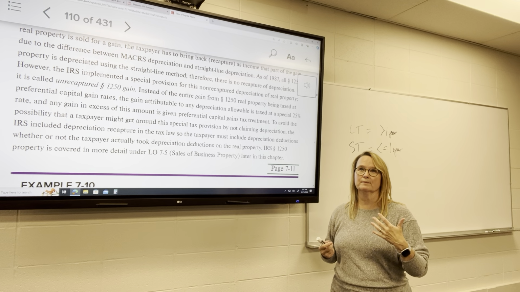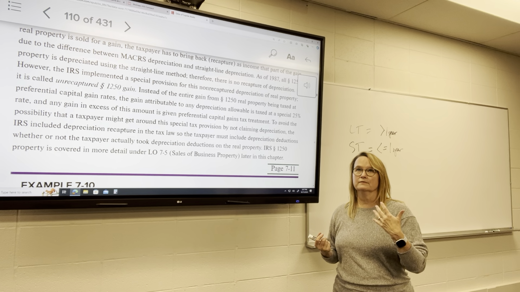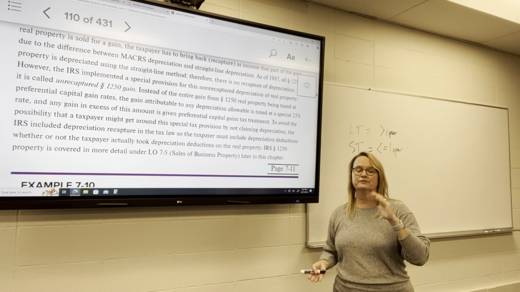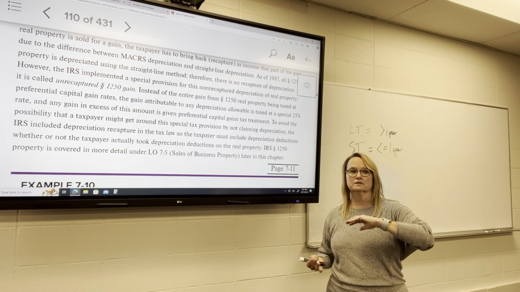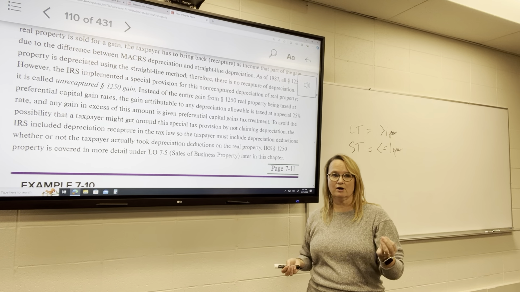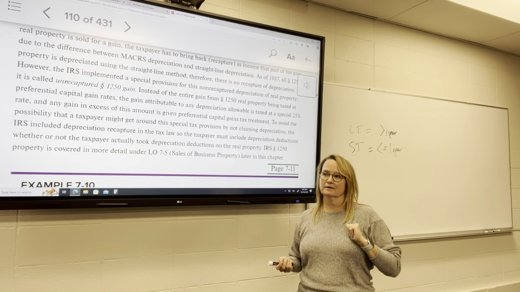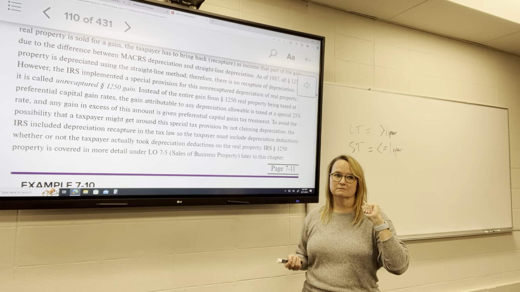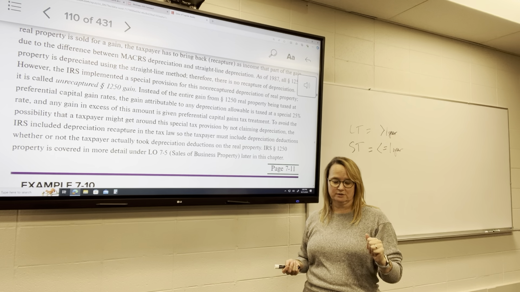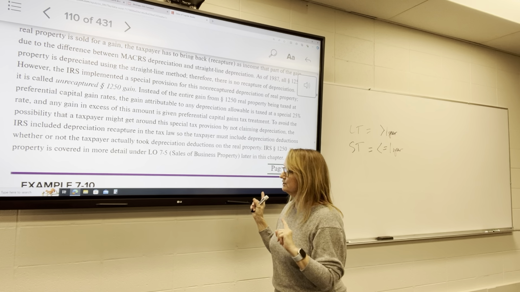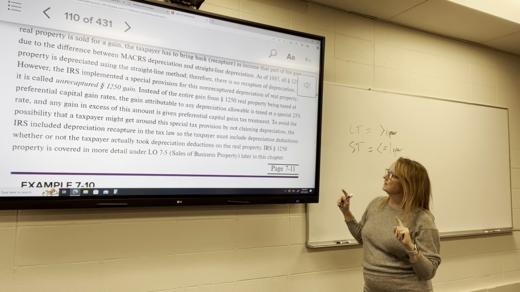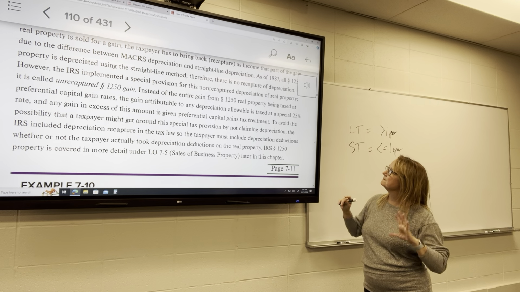They don't want you to then get the benefit of a preferential tax rate on what was an ordinary deduction. I'll do an illustration here to show you what I'm talking about.